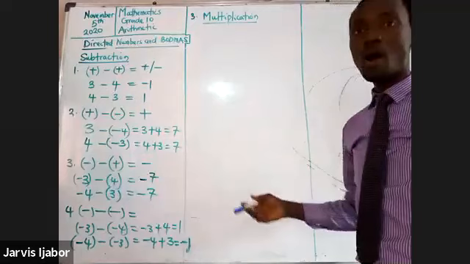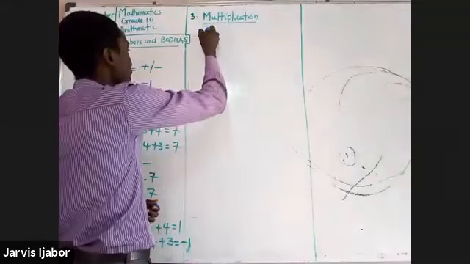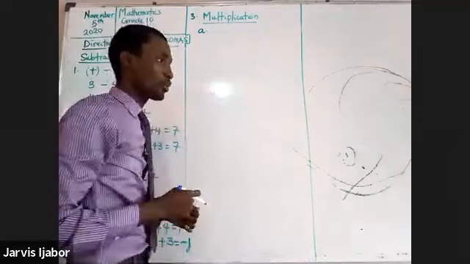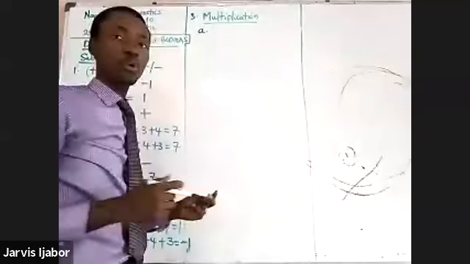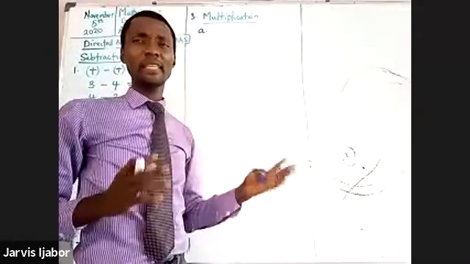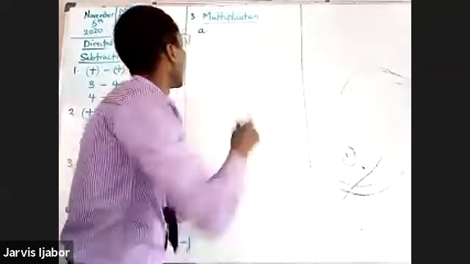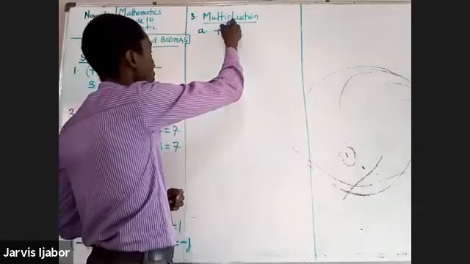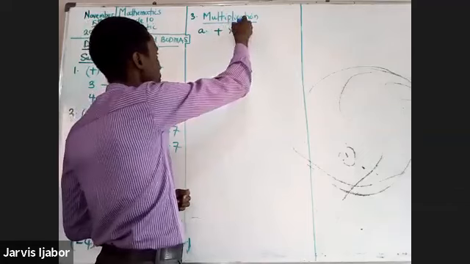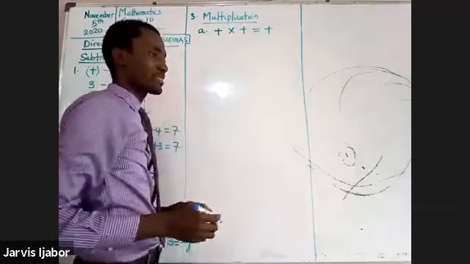So, what happens in multiplication? What do you see? This one is quite straightforward because in this setup, we don't need to know whether it is. The rule here is quite straightforward. So, if I say plus times plus, my answer will be plus. I don't need to show any example here.